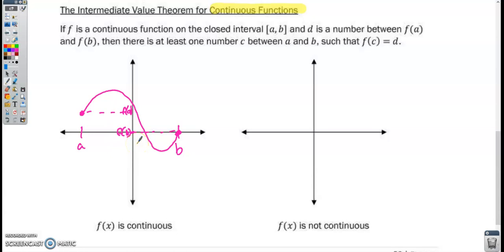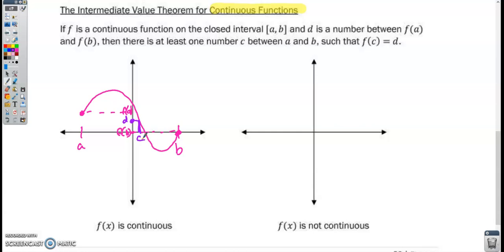If I pick any value of d in between those two, so let's pick d right here, we're guaranteed that there has to be some value c that attains that value of d. Okay? And f of c is equal to d.